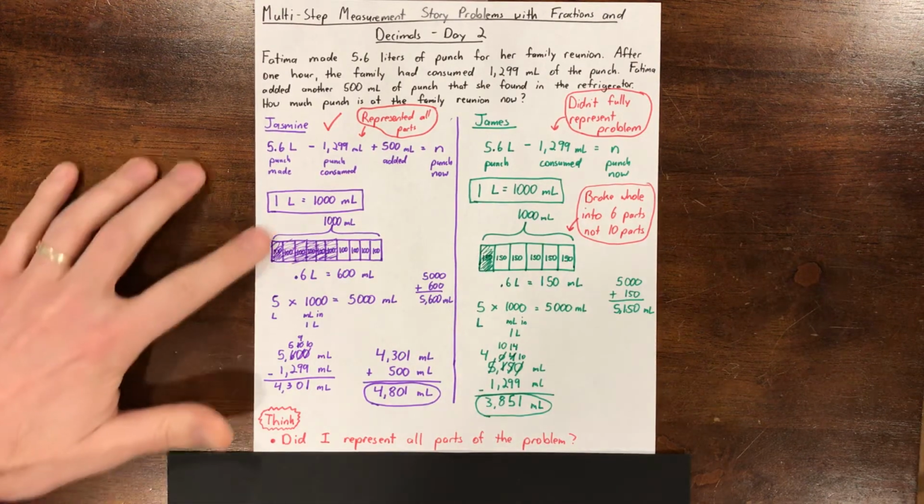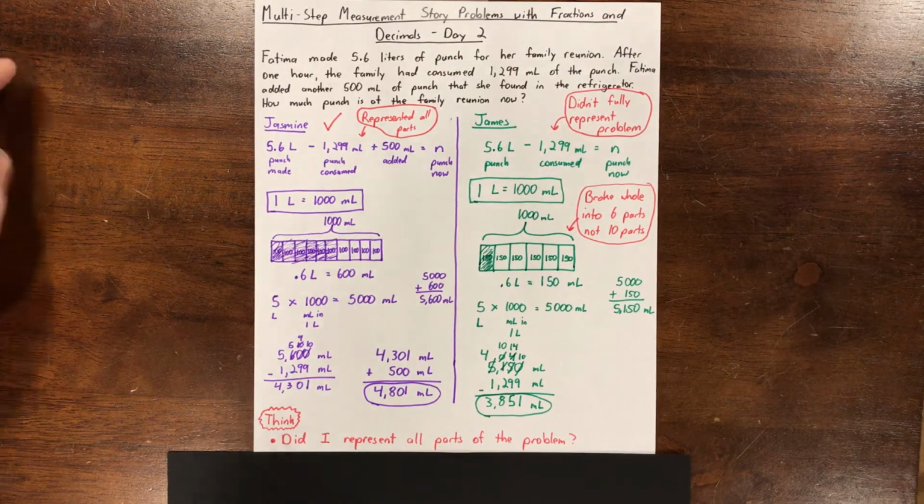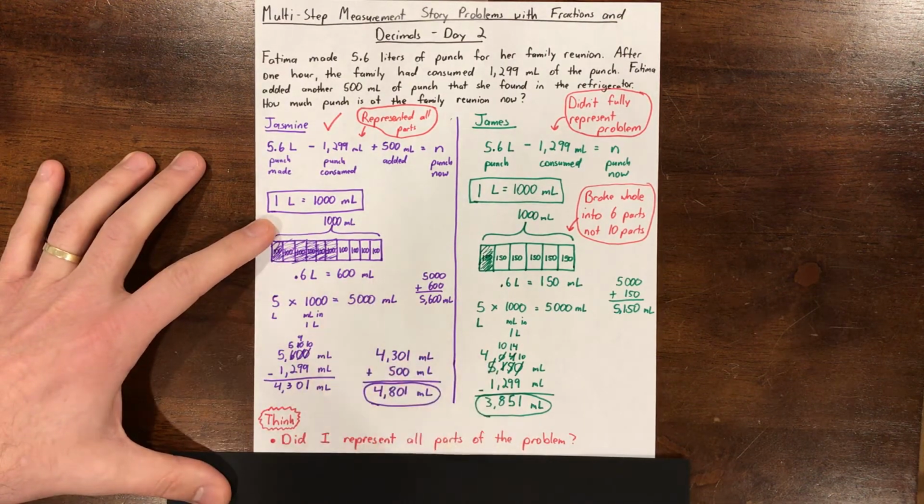Now, how is Jasmine's work different over here? Explain your thinking out loud. Right. She broke the whole of her tape diagram into 10 equal parts because she was working with tenths.